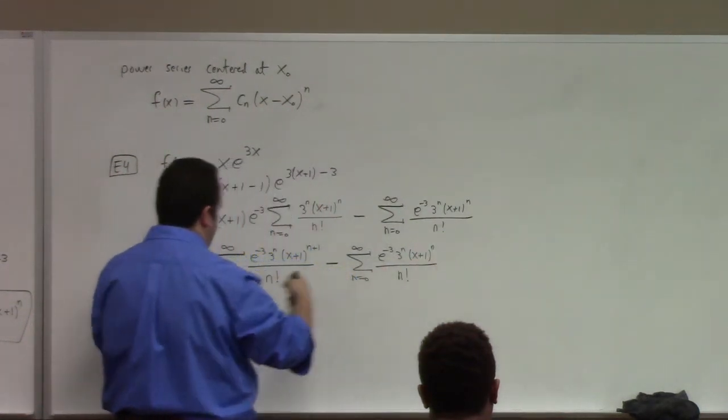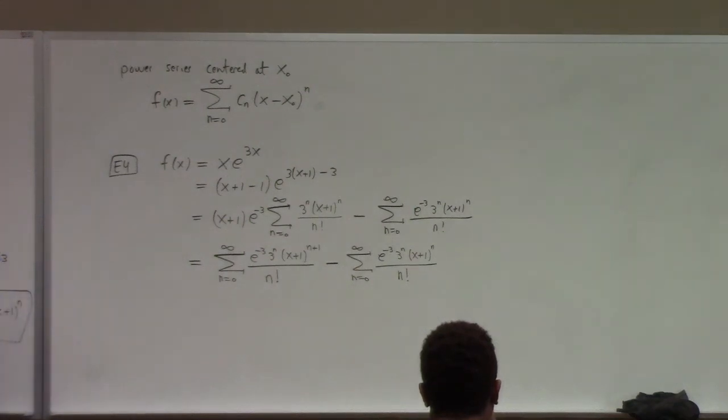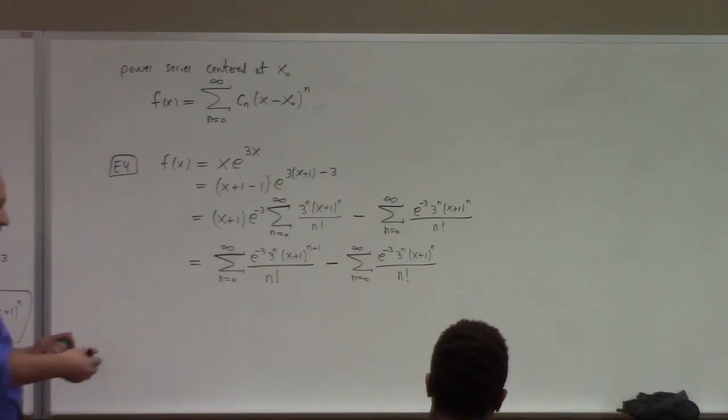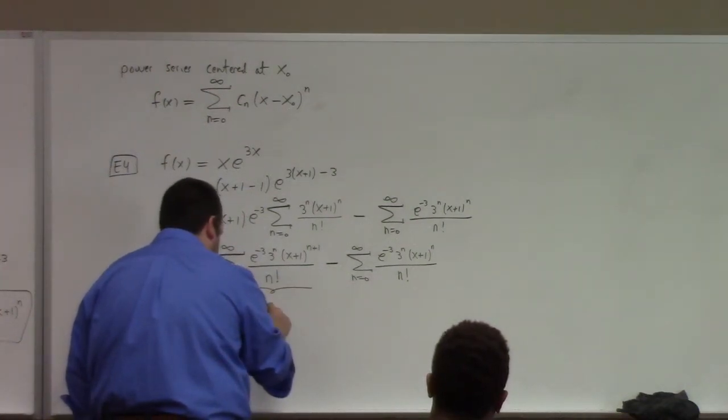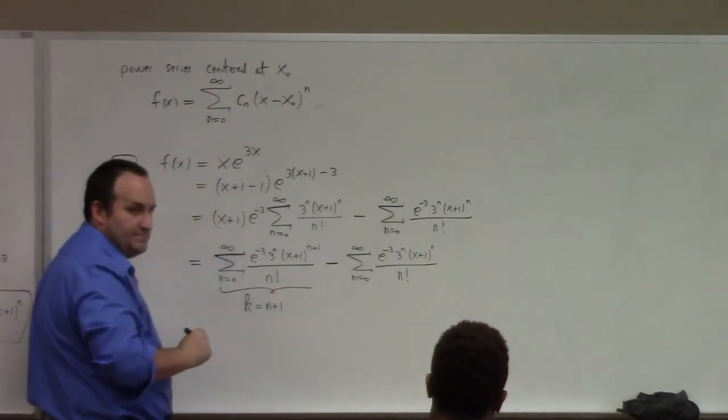See, I can't just combine these as they currently are constituted because I got n plus 1 on the first one, I've got n on the second one. So in order to combine those, I have to change the summation variable. So let me suggest that we say k is n plus 1 on this one.